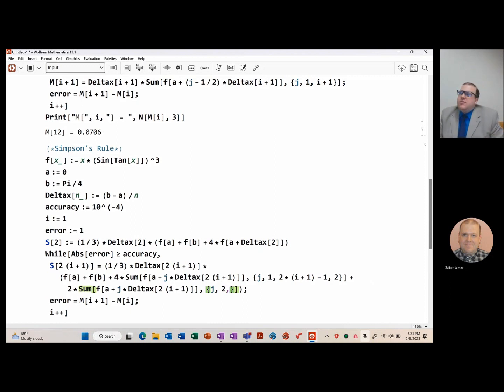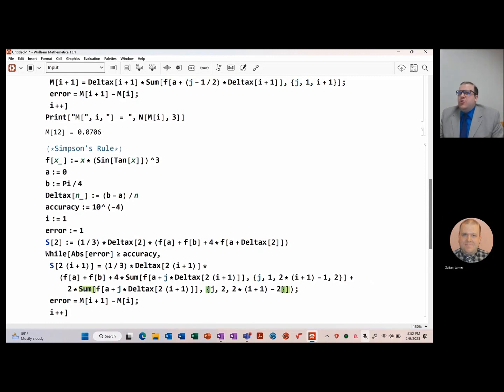And it goes up to n minus 2. And so 2 times I plus 1 minus 2. This again gives us the same problem though.